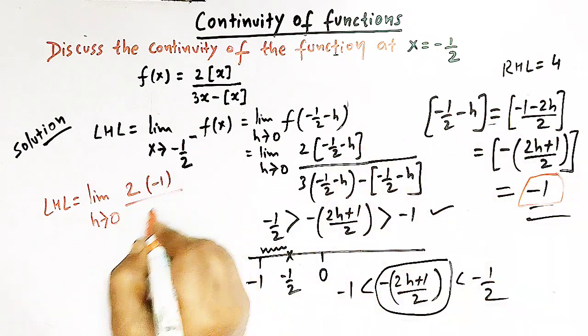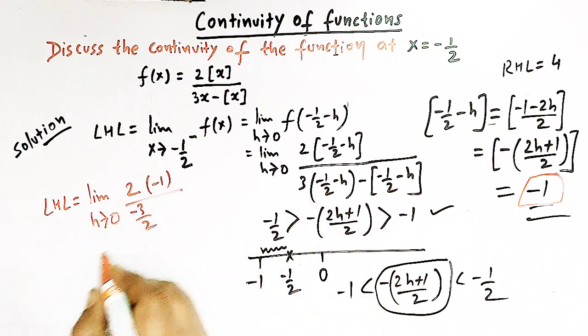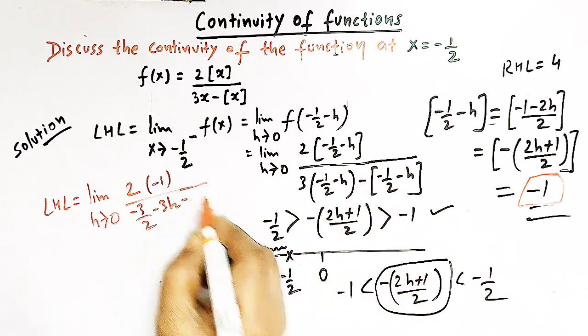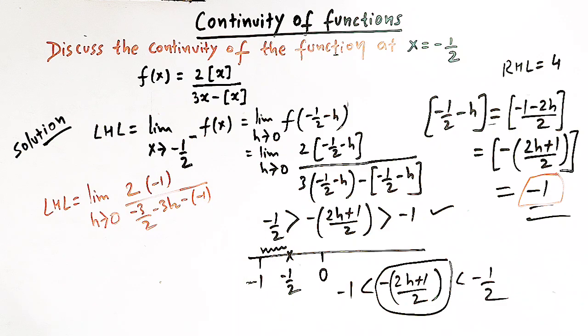So here we have minus 1, then we have minus 3 by 2 and minus 3h, and here we have minus the greatest integer of minus half minus h, that is minus 1.